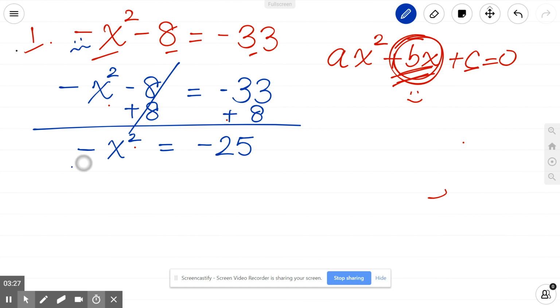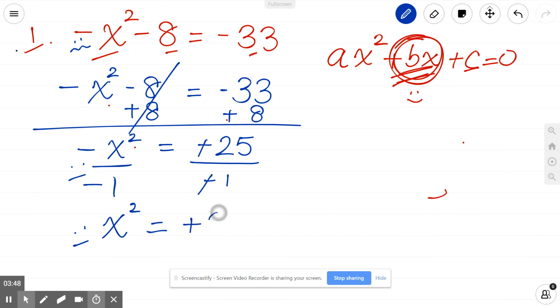I feel my x is still a little grumpy because this negative sign is bothering him. So I divide by negative 1 on both the sides. All right. Maybe x will be happy here. Still a little grumpy because it's getting squared. You know, he just wants to be alone. So negative 25, negative divided by negative is positive. It's plus 25.